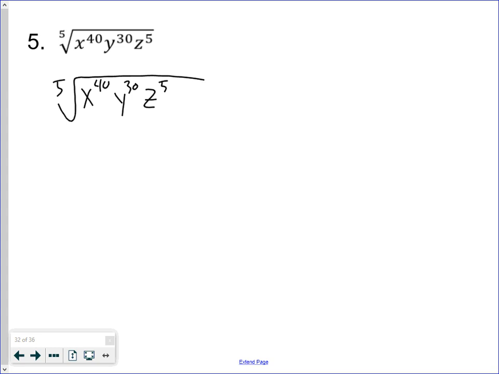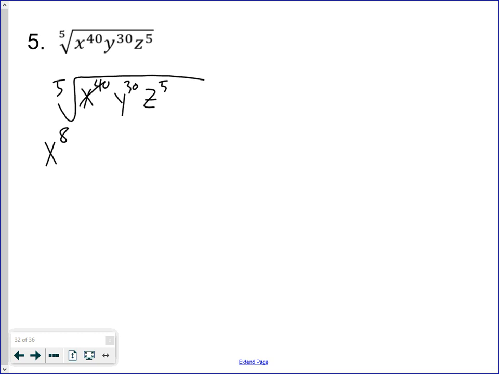So we have x to the 40, so we can take out 8 groups of 5 from x to the 40. We can take out 8 groups of 5 x's, so when we take this out, we get x to the 8. Every group of 5 that we take out equals 1 of that term. We took out 8 groups of 5 x's, so we have 8 x's, or x to the 8.